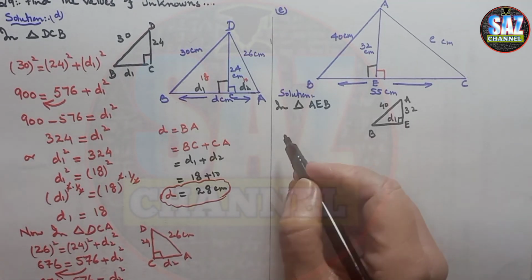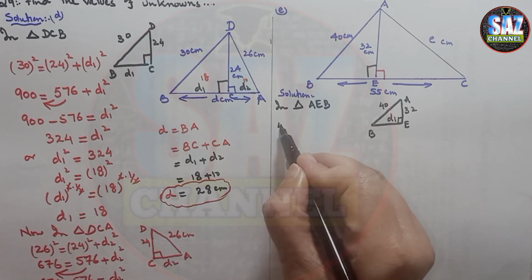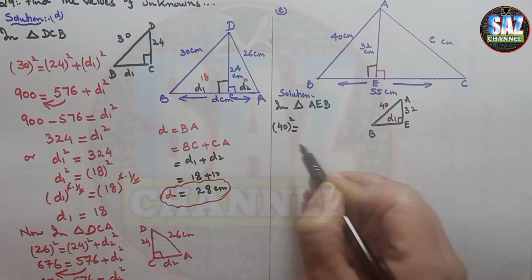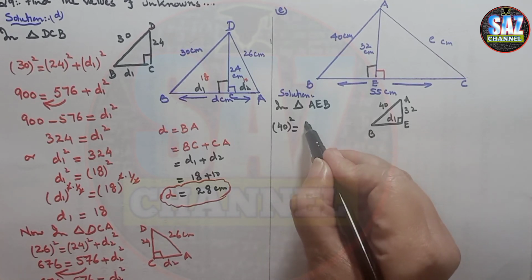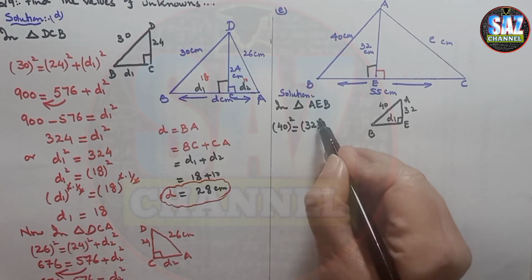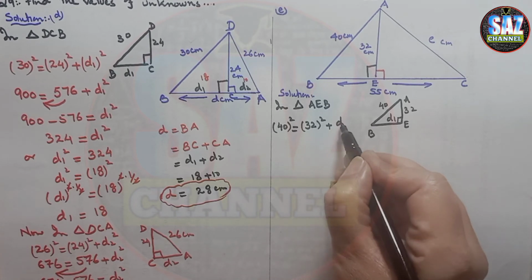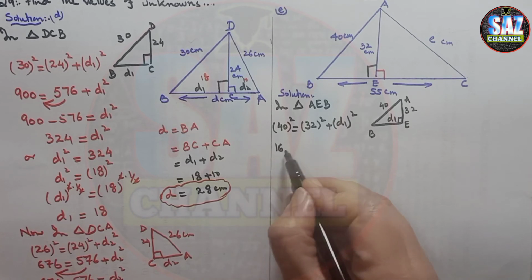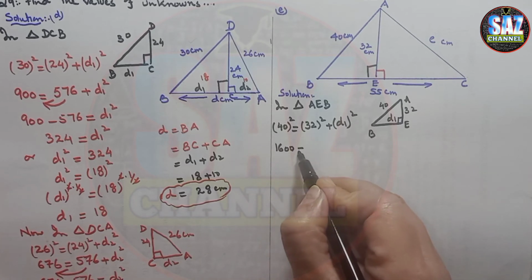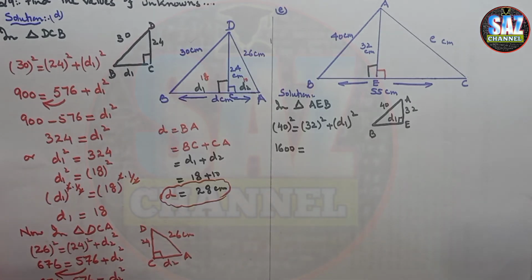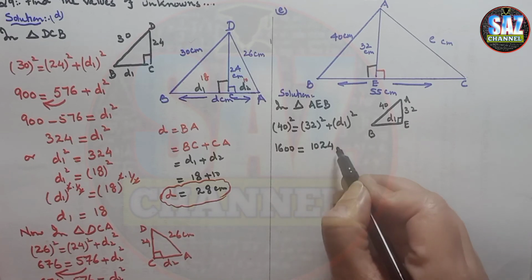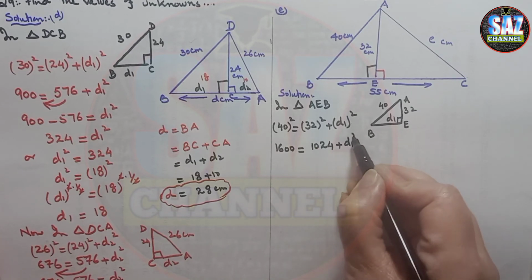So according to Pythagoras theorem, 40 square, because the square of the hypotenuse equals the sum of squares of the other two shorter sides, equals 32 square plus D1 square. 40 square is 1600, because 4 square is 16 and we have to add the double zeros, and 32 square is 1024. 1024 plus D1 square.